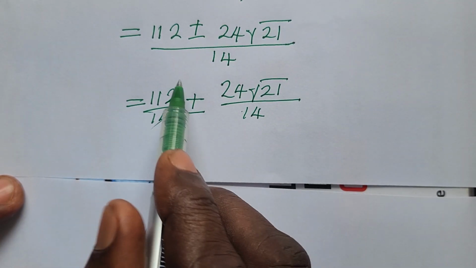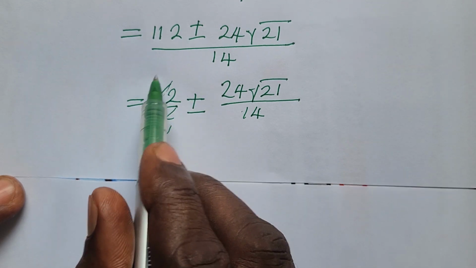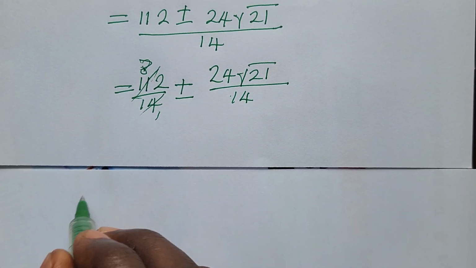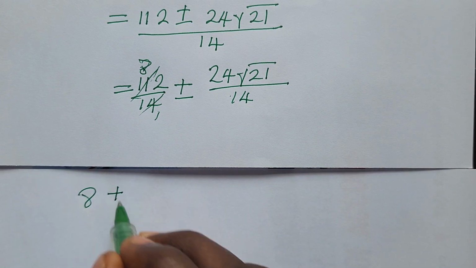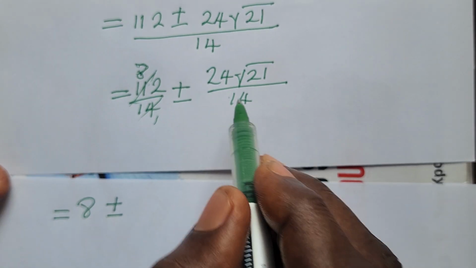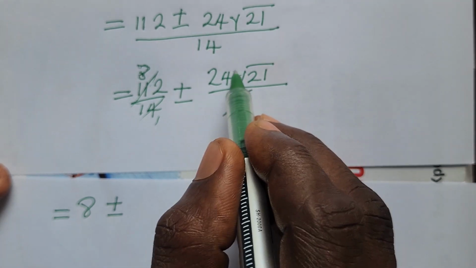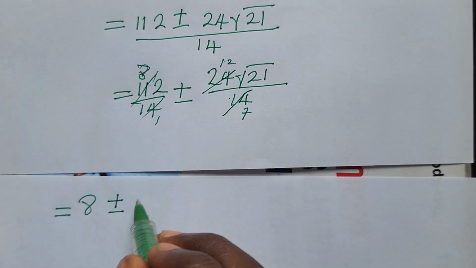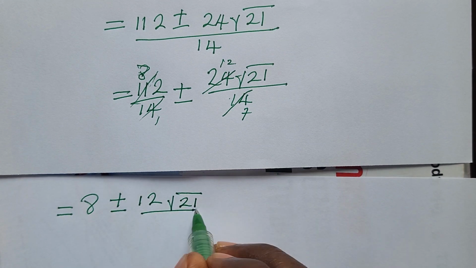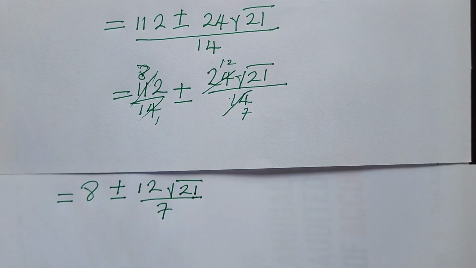So 14 here 1 and 14 here give us 8. So this is going to give us here our 8 plus minus this. Then 2 here will give us 7, 2 here will give us 12. So here we now have 12 root 21 all over 7. Good.